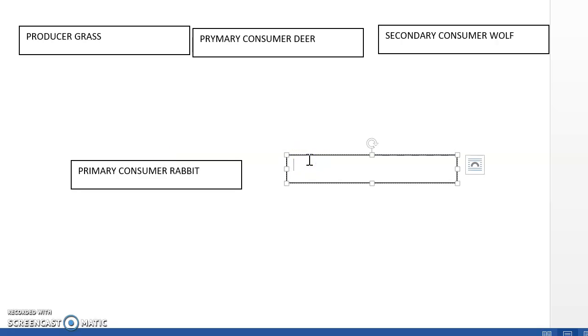So what eats a rabbit? Let's go with a coyote. Coyotes eat rabbits. So your secondary, tertiary consumer in this case is a coyote, or a coyote as we call them around here.